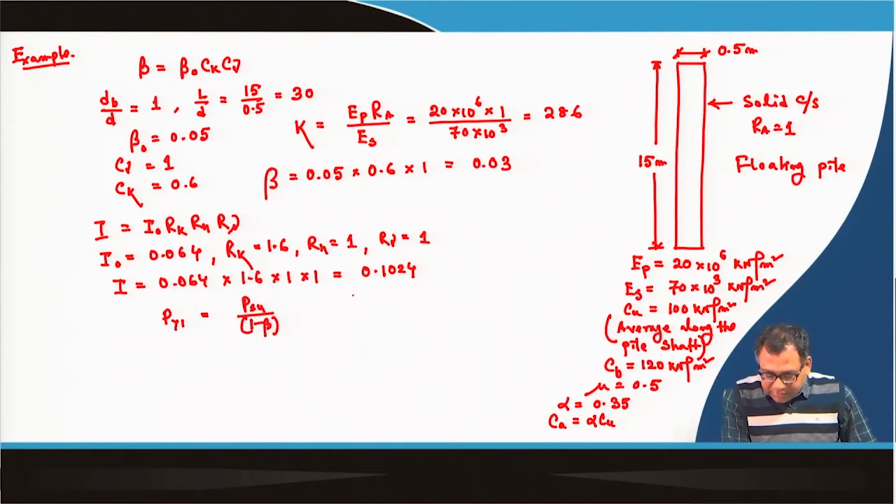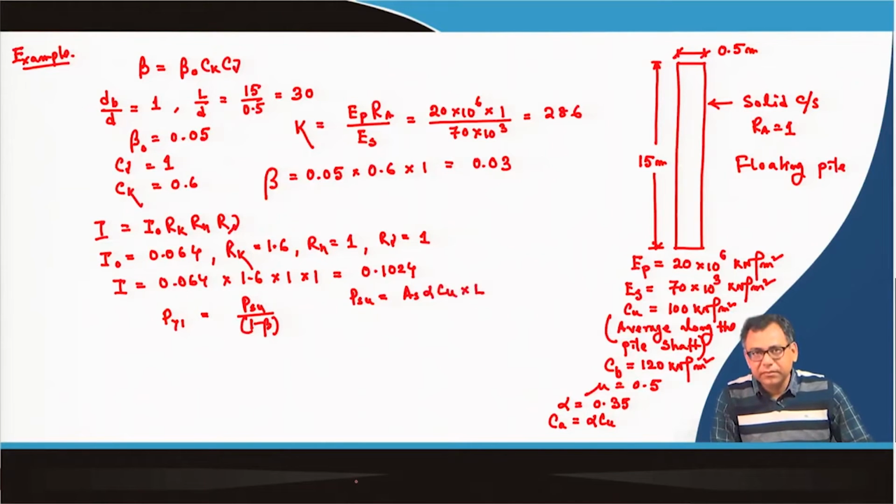We can calculate that P_su is the ultimate frictional resistance of the pile, and that we can calculate as A_s alpha C_u into L. That is the ultimate friction resistance of the pile.